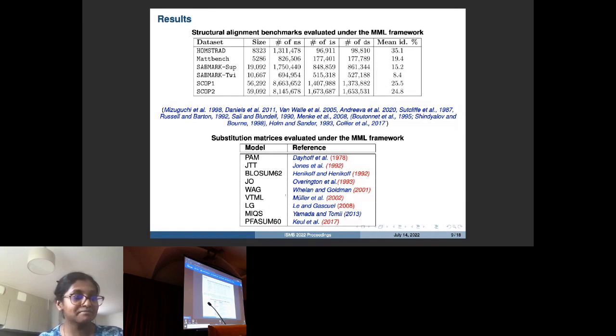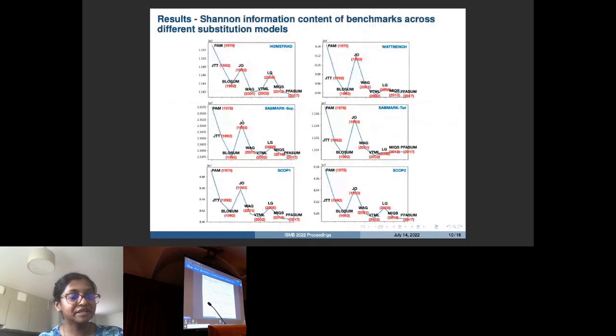As you can see, there are Markov and non-Markov models here. And under our framework, it is possible to convert the non-Markov matrices into their approximate form of Markov models. So with that, we got the total Shannon information for each of these substitution matrices under each of these benchmarks.